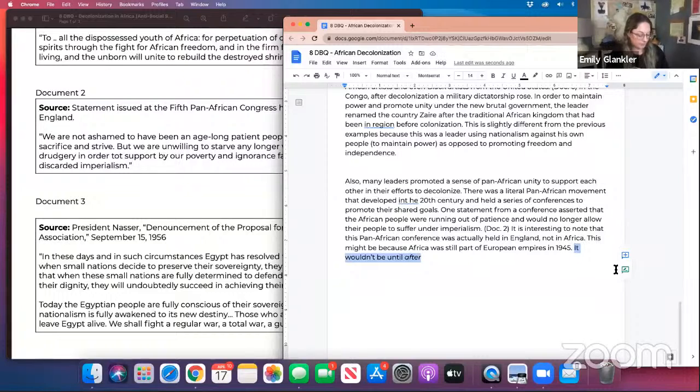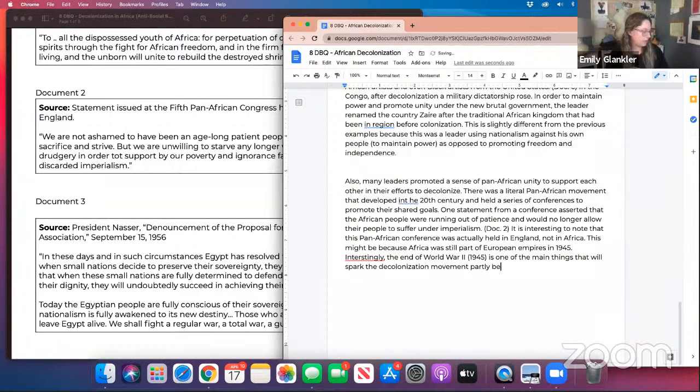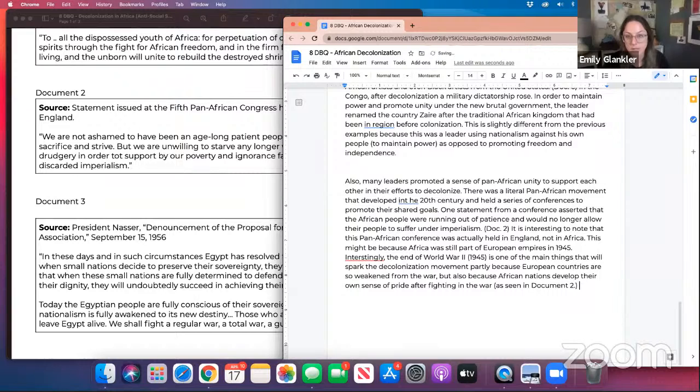Interestingly, the end of World War II, 1945, is one of the main things that will spark the decolonization movement, partly because European countries are so weakened from the war, but also because African nations develop their own sense of pride after fighting in the war, as seen in document 2. That's evaluating a document.